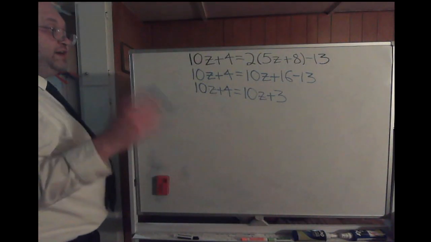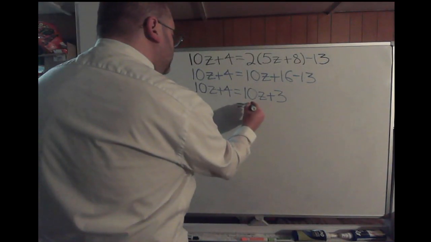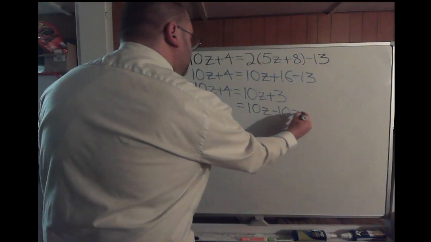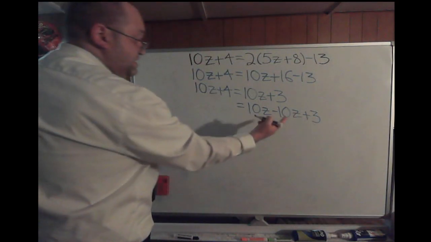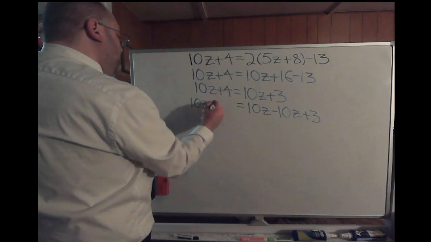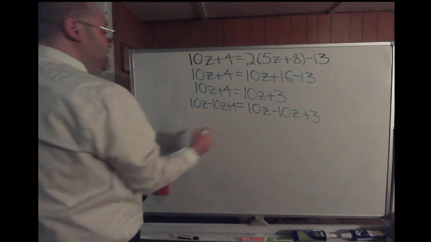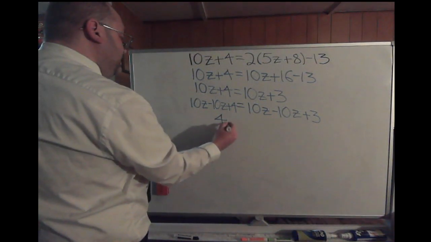Well, we want to get the variable off the right-hand side, so on the right-hand side you'll do 10z minus 10z. Then you just have that plus 3 hanging out. Which means what you've done to the right, you've got to do to the left. You'll have 10z minus 10z, then you'll just have that plus 4 hanging out. Left side, 10z minus 10z, that's 0. You just get 4 on the left.